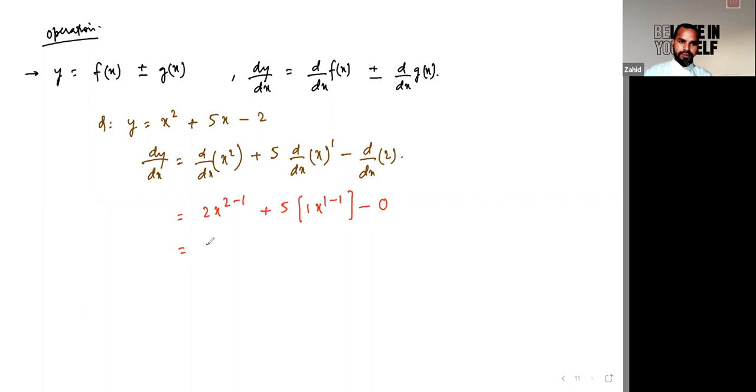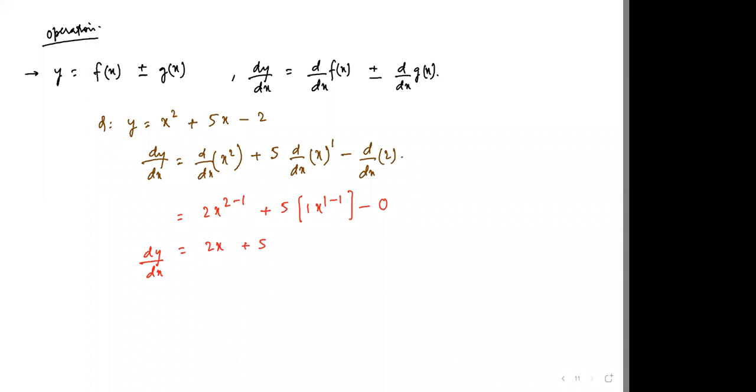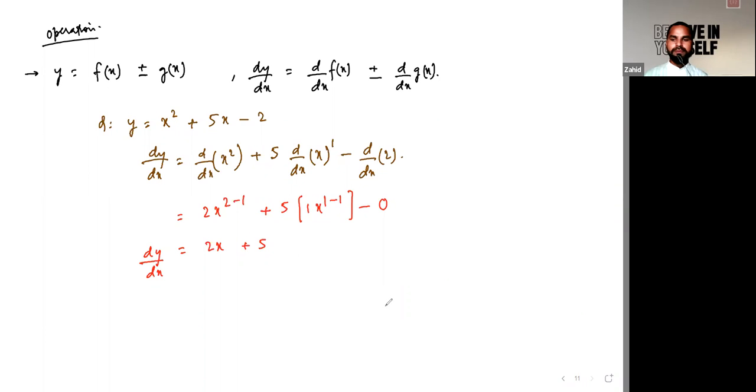On simplifying, you will get 2x plus 5 as dy/dx for the above expression. Is it clear, Alan? Yes, sir. Fawaz, any doubt?